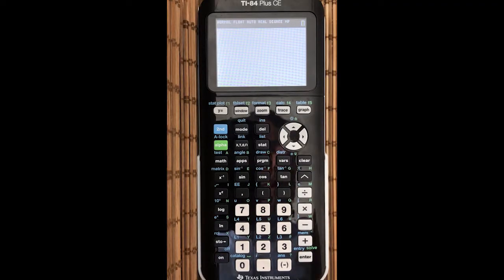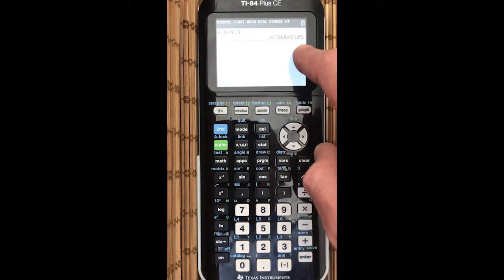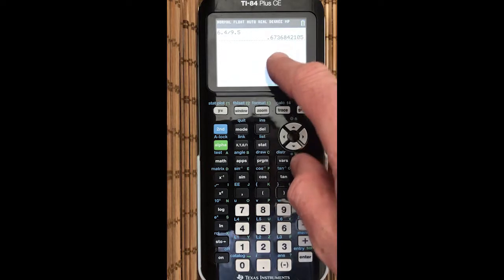For problem number 5, we would divide 6.4 by 9.5. So that's what the problem is saying, to divide if we want to find the oxygen saturation of the lake. But we want to convert this into percentage form.